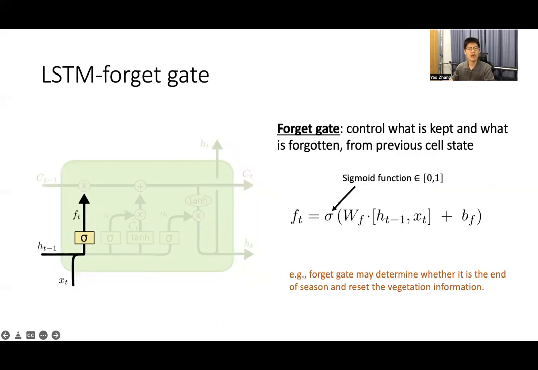There are 3 types of gates for an LSTM cell. The first gate is the forget gate. The forget gate is a linear combination of hidden states from the previous time step and the input variable for the current time step. We use a sigmoid activation function for this linear combination of these 2.